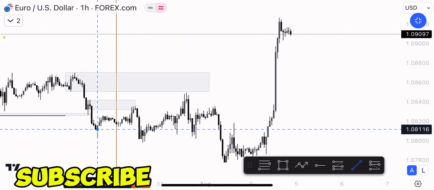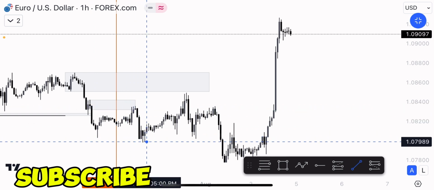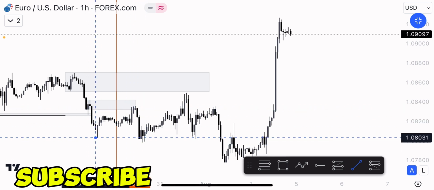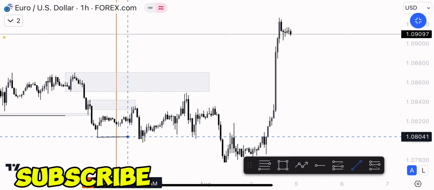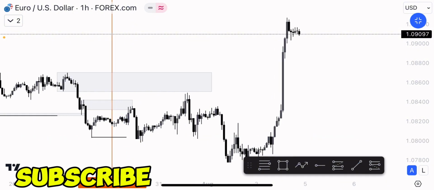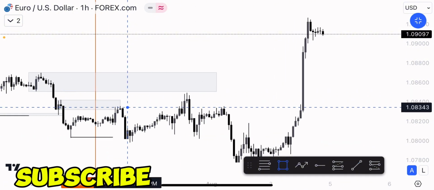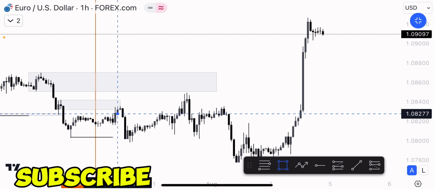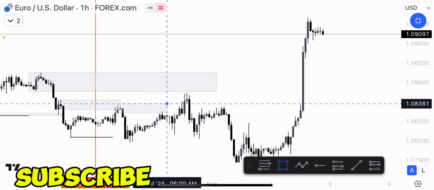So since this trade has played out, there is a break of structure now. Okay, there is a clear break of structure to the downside, and I would not mind entering my trade from this zone here.